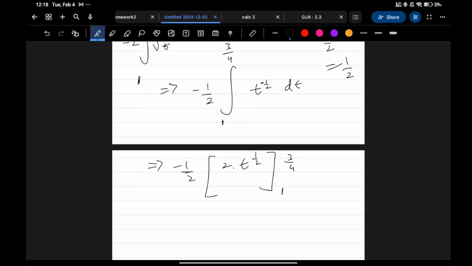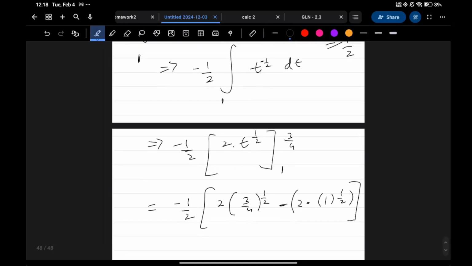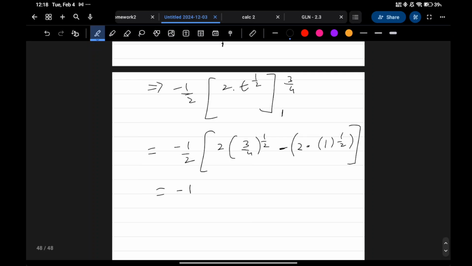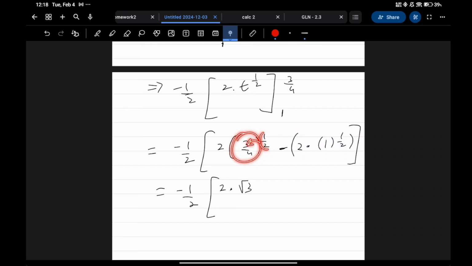Lower bound is 1. This becomes minus 1 over 2. 2 times 3 over 4, 1 over 2, minus 2 times 1 to the power 1 over 2. Alright, square root of 1 is just 1. So this becomes 1 over 2. And I can do this as 2 times the square root of 3 over 4. Basically, if I open this up, the square root goes over here and over here.